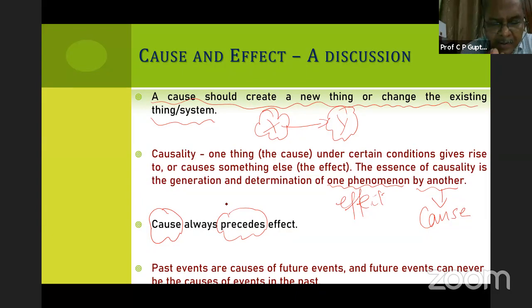Past events are causes of future events, but future events can never be the cause of events of the past. Please understand it, appreciate it. If we are working with time series, future cannot predict past, but past can predict future. So these are some of the thoughts about cause and effect relationship.